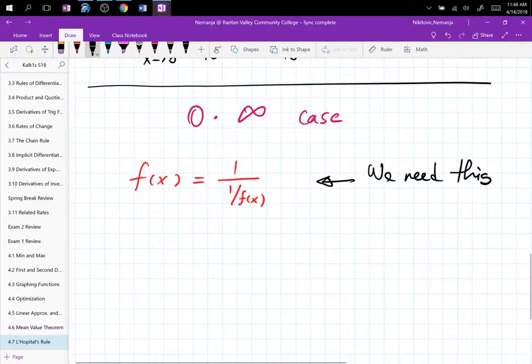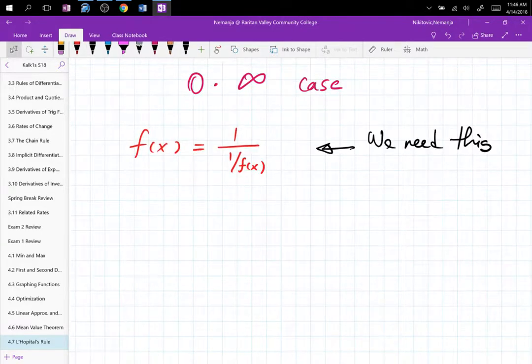This will be used a lot. Now let's take a look at some examples and see in which way this plays the role.